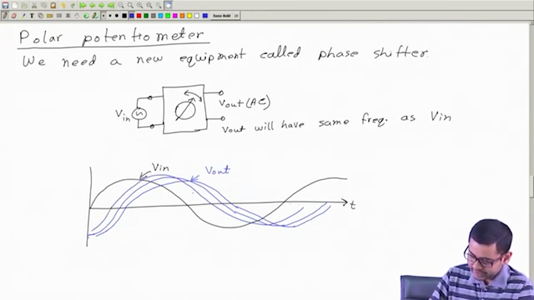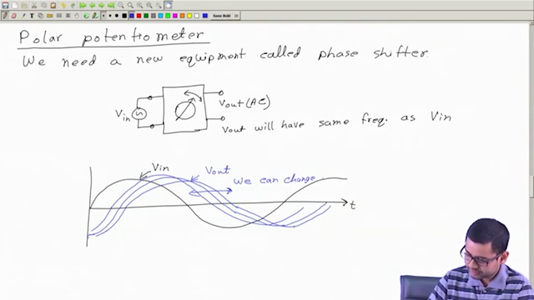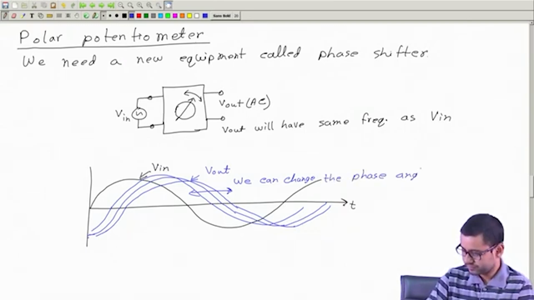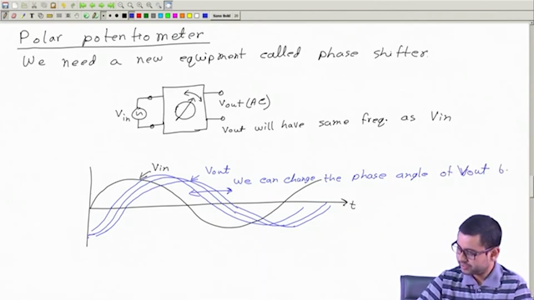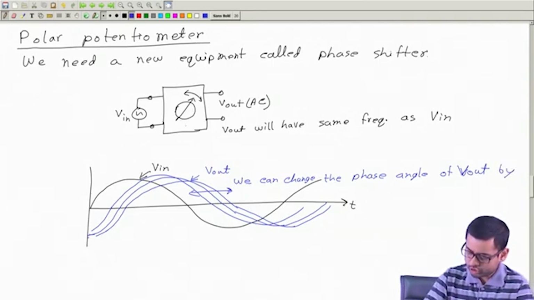So, we can change the phase angle of V out by controlling this knob.